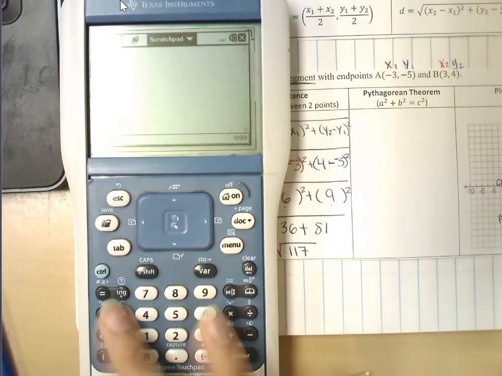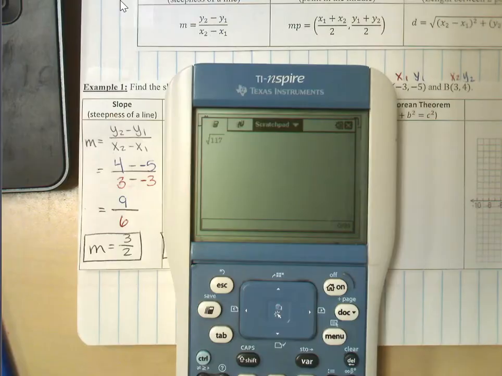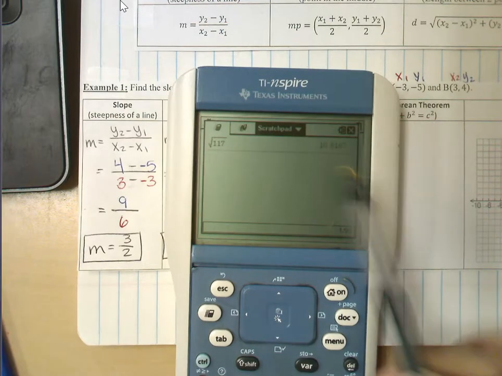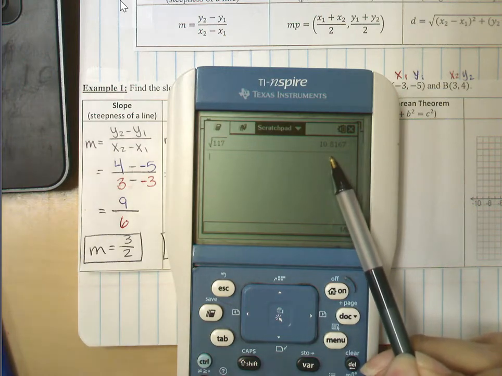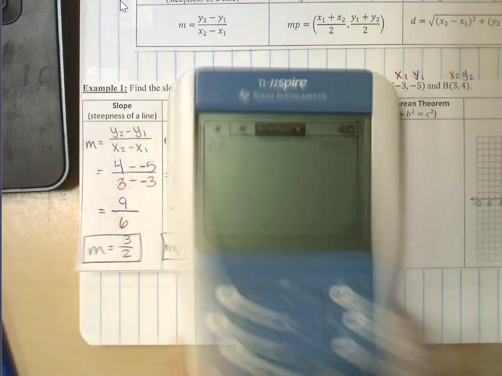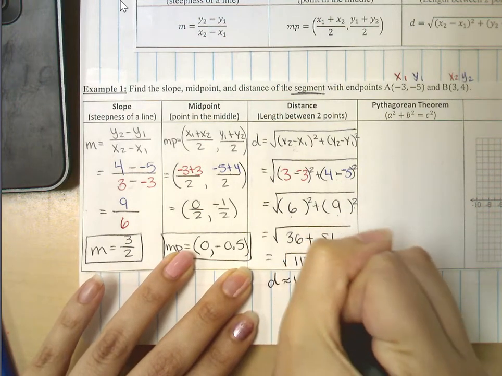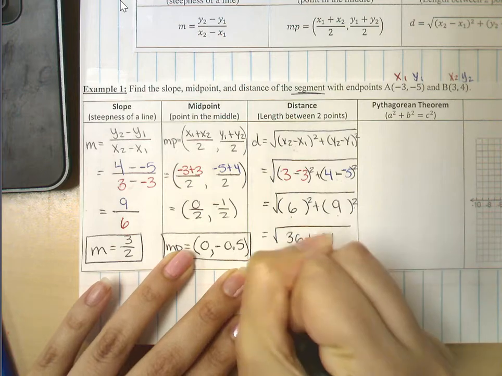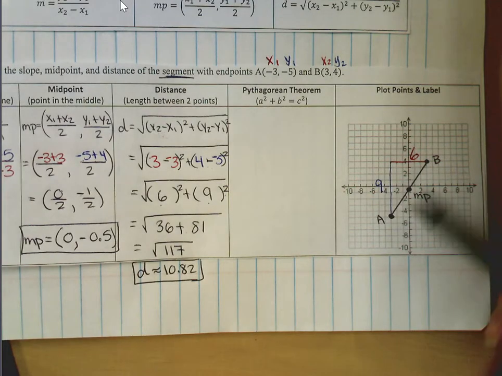So square root of 117 is 10.816. We're rounding to the nearest hundredth, so that's 10.82. So my distance, or my length, between these 2 points is 10.82.